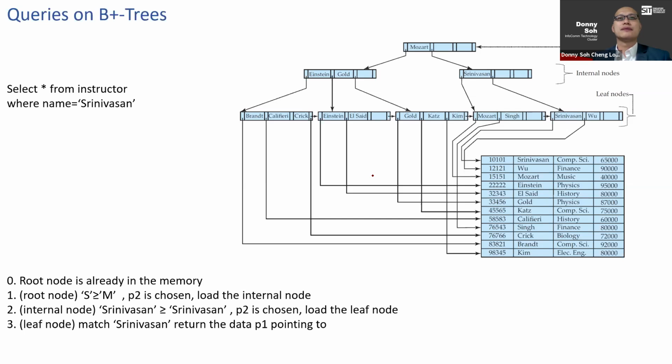They are stored in this manner whereby everything on the left is less than m, everything on the right is greater than s. So what is going to happen is that this is the index.